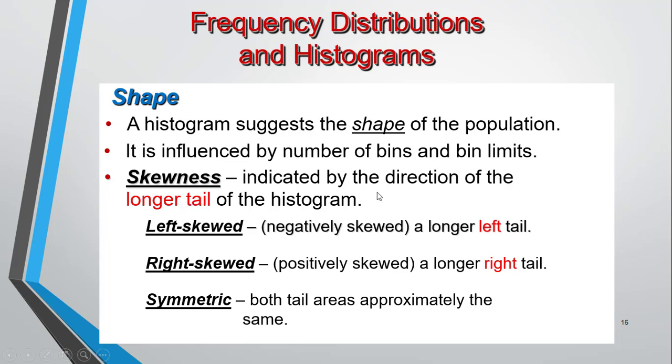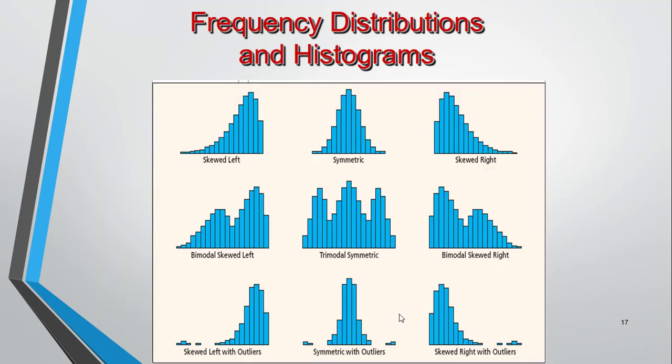We look at the longer tail, right? If the longer tail is to the left, we call it left skewed or negatively skewed. If the longer tail is on the right, we call it right skewed or positively skewed. Okay? If both tail areas are about the same, we call it symmetrical or symmetric.